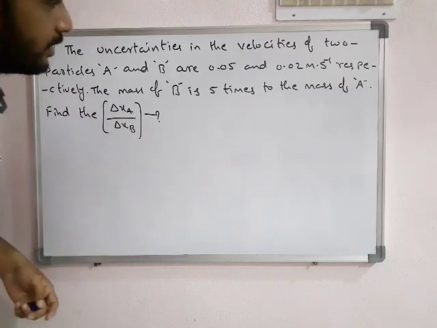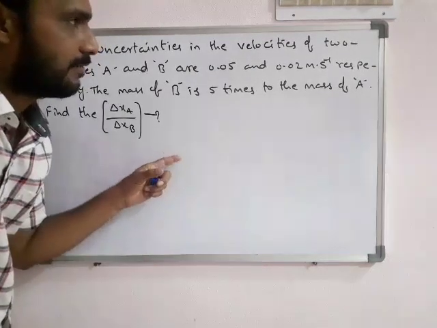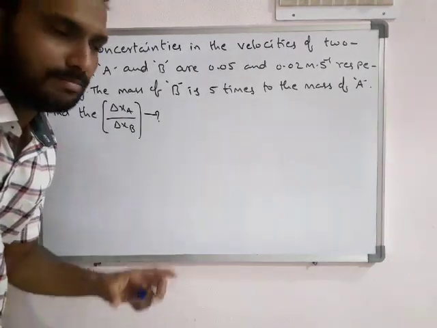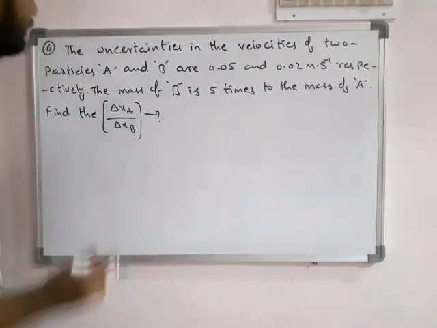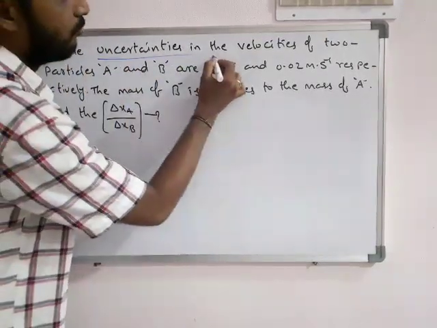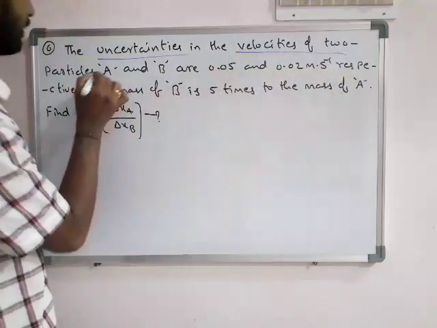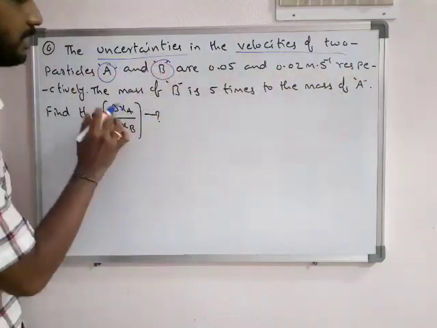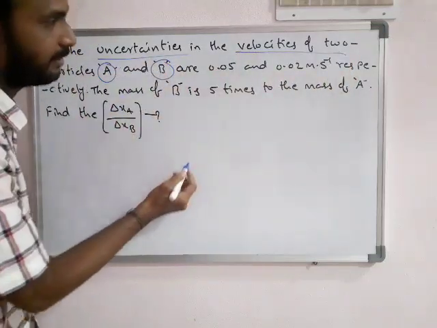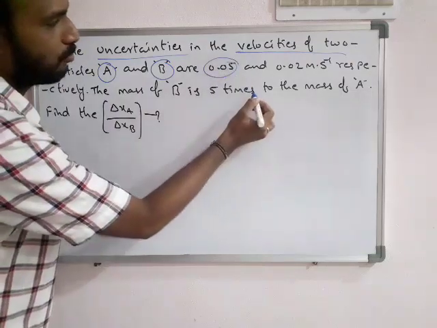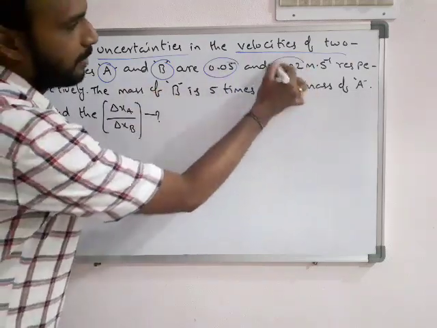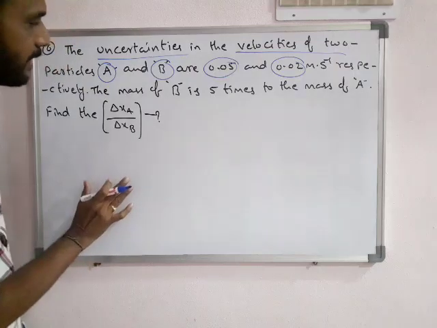Okay, here in this problem it is given about two particles, comparison between two particles. So the uncertainties in the velocities of two particles, let's say A and B, means uncertainty is directly given in velocity, that is 0.05 for A particle, for B particle it is 0.02 meters per second.